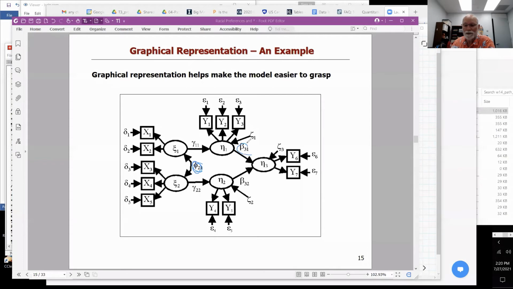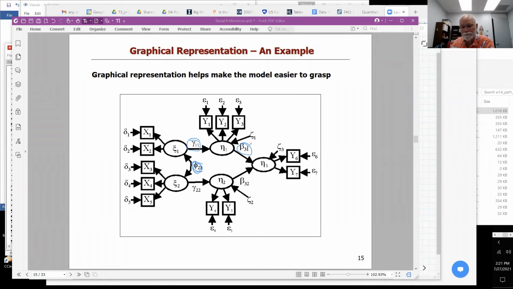Over here, we have a coefficient, that's a beta, and it's telling us how these two latent variables are connected through an effect where eta 1 is impacting eta 3. That would correspond to a B in a regression analysis. And over here, we have another coefficient, that's a gamma, and it also is analogous to a B in a regression equation, but in this case, it's how an exogenous latent variable impacts an endogenous latent variable.